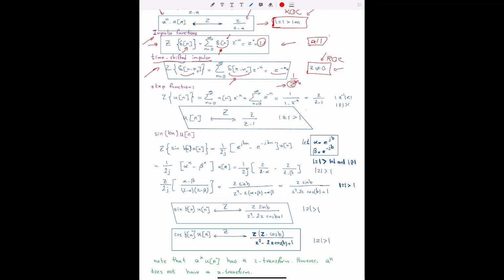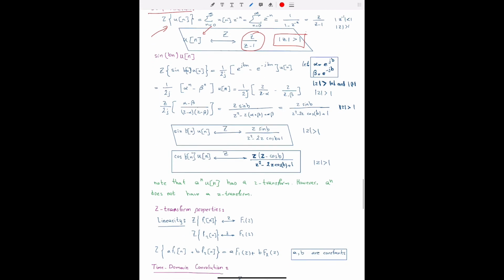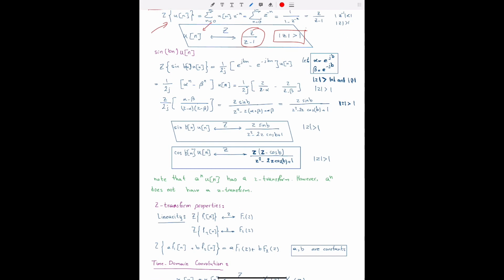So what about the step function? The Z transform will be Z divided by Z minus 1, and the proof of that is shown above here, where the magnitude of Z has to be greater than 1. And what about sine of Bn, u of n? I think it'll be good practice for you to do this, both the sine of Bn, u of n and the cosine of Bn, u of n.